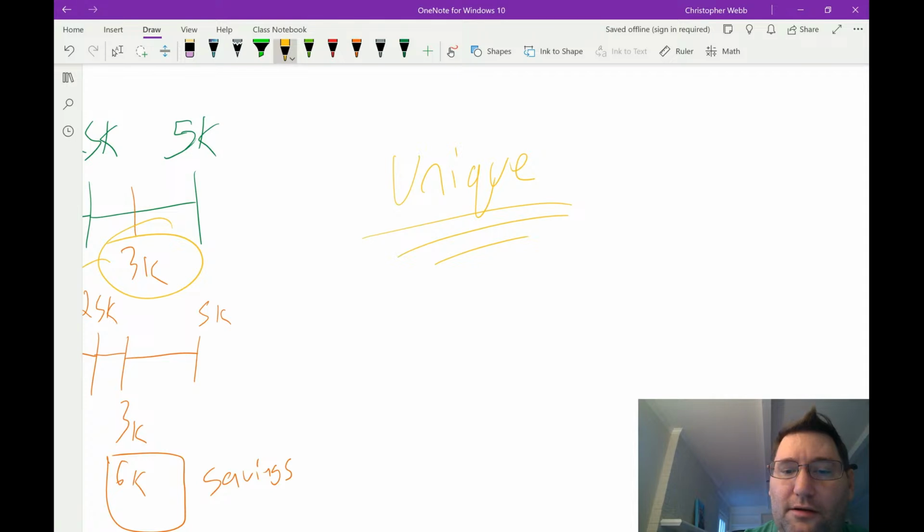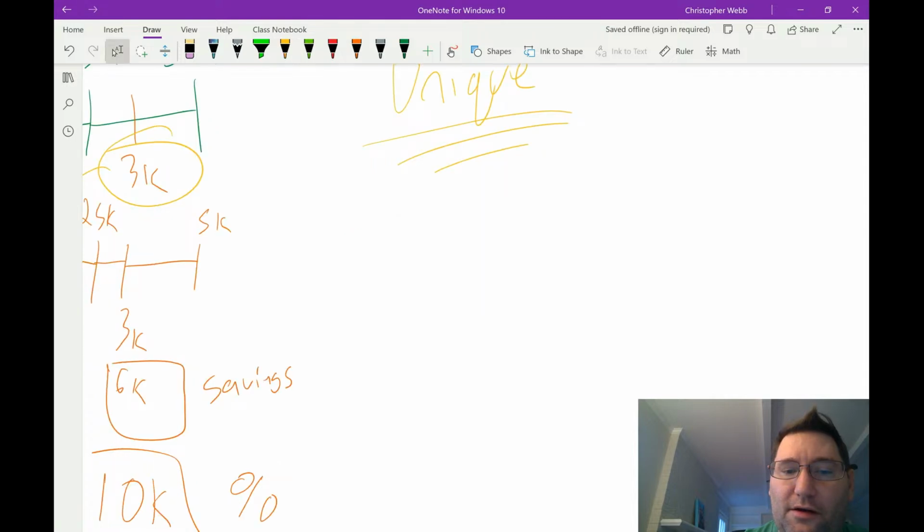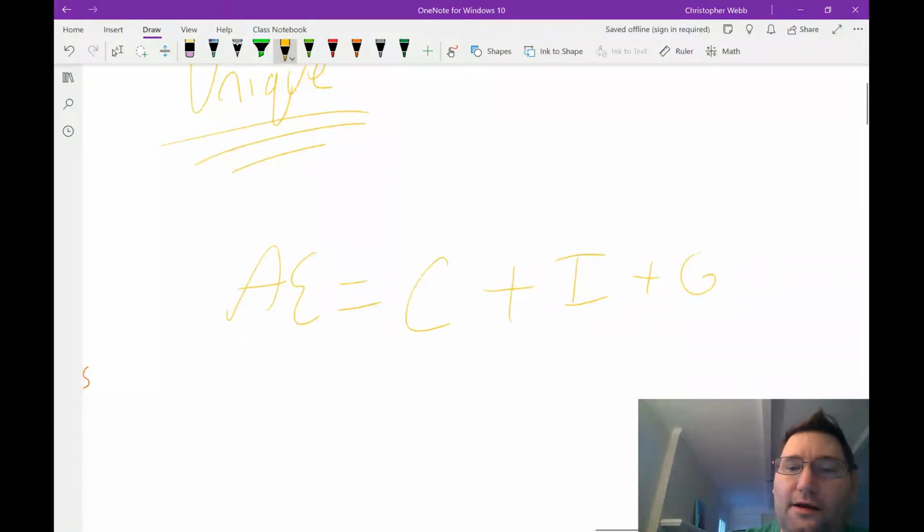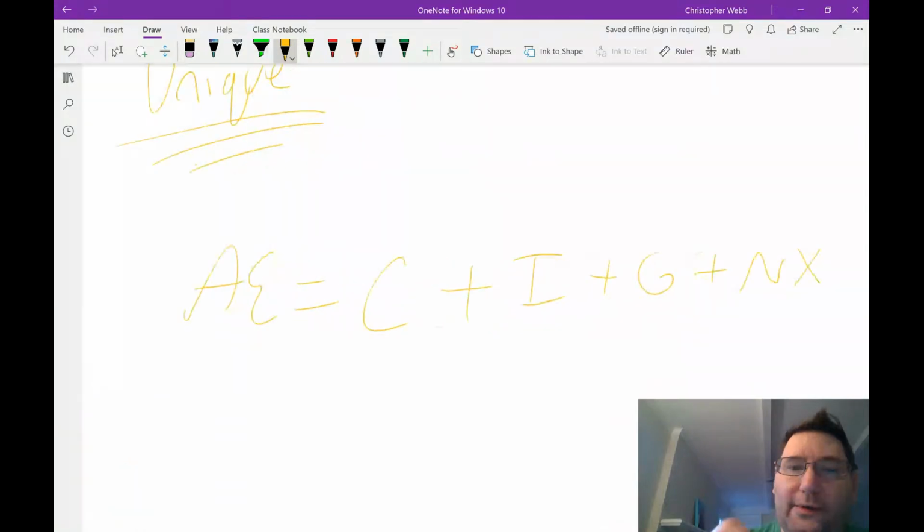And when I talked earlier about Keynes creating models that we could look at mathematically, what I mean is when we look at the aggregate expenditure model equaling consumption and investment and government spending and net exports, we can identify what the impact of each one of these is. So if $1 comes in consumption, how does that impact the overall expenditure for the economy?